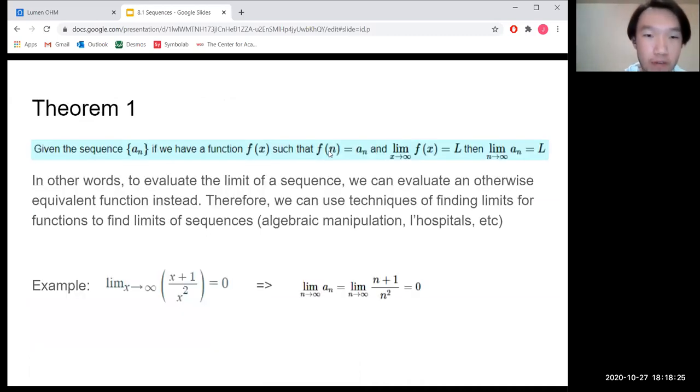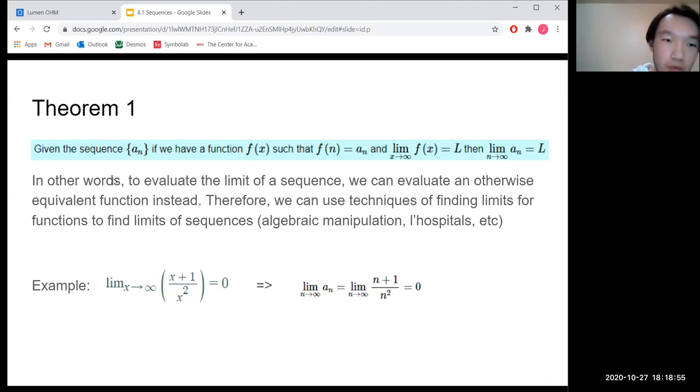Here we have an important theorem for sequences that we should take a closer look at. The theorem says if you have a sequence, a sub n, and a function such that each y value of the function is equivalent to the corresponding nth term of the sequence, then both the function and the sequence will have the same limit.